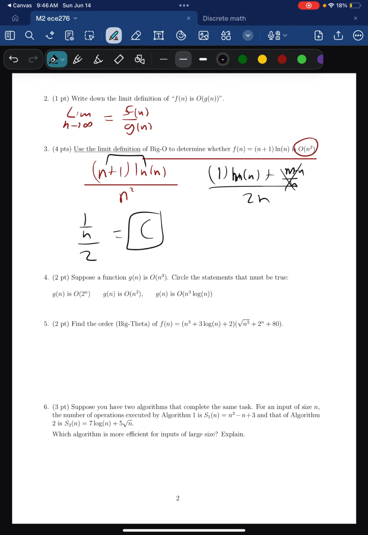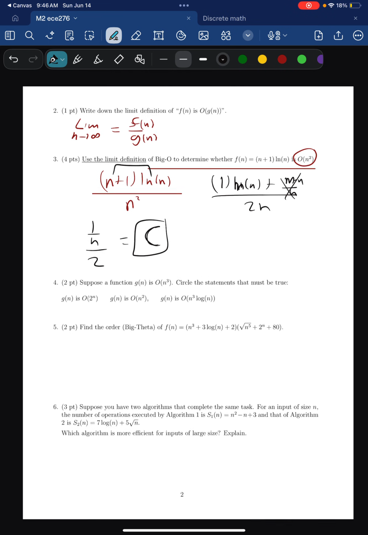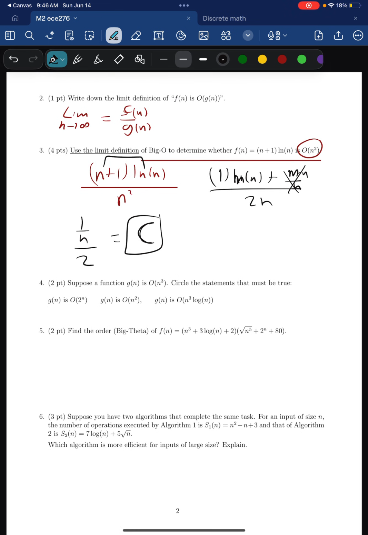Hold on, let me double check. Yeah, there isn't much after that. I think I messed up somewhere, but the point is just derive it, get the constant, and that's how you prove that it's n squared, if you get a constant after that. Hold on, let me just double check if this is true.